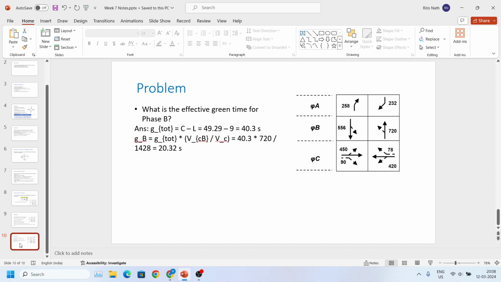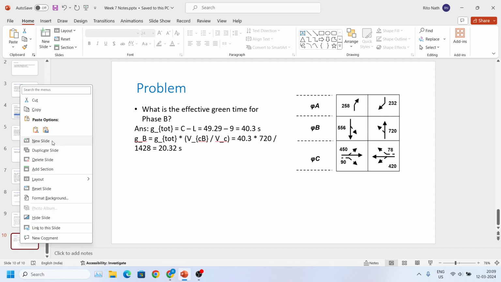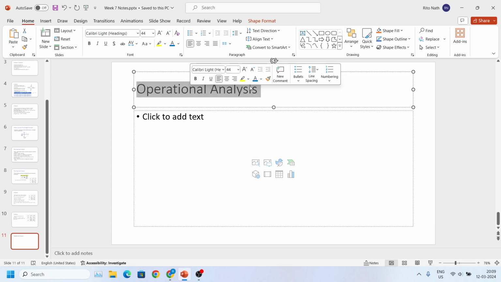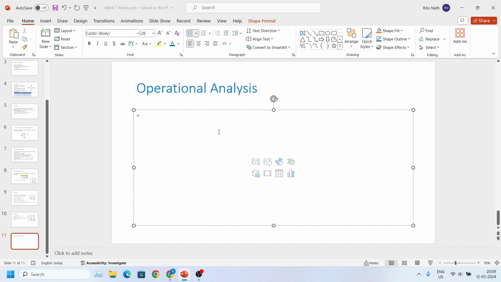Next is the operational analysis. Let's get into that discussion briefly before I move on to solving some of the remaining assignment problems. So here again you have a bunch of steps. The ones that are important here are in step 3: determining the lane group flow rate, then determining the adjusted saturation flow rate, and these are dependent on each other.